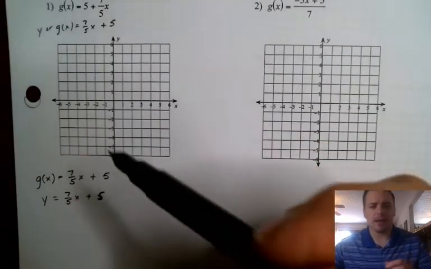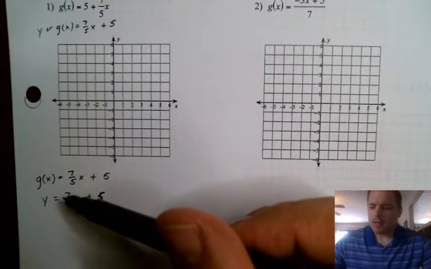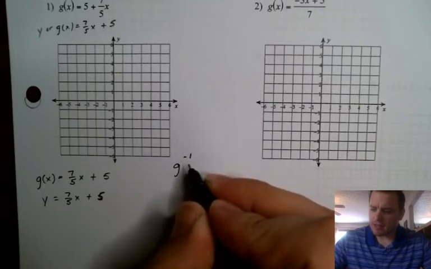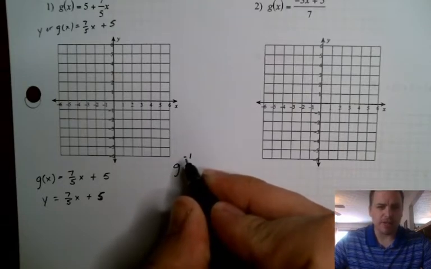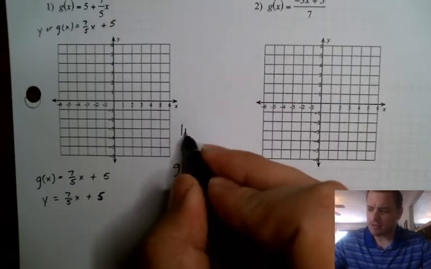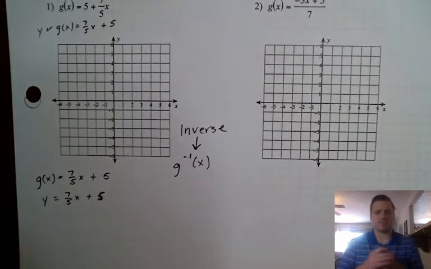So we can replace g of x with y, all right? Now, you're going to see a notation that looks like this: g raised to the -1 of x, and that just simply means inverse. That means the inverse of g of x. Okay? So anytime you see that symbol, that's the inverse of g of x.